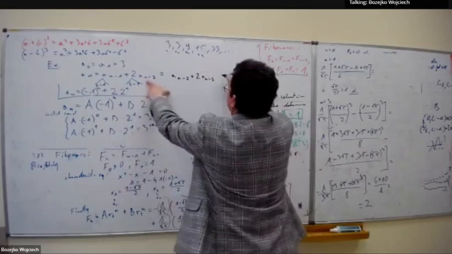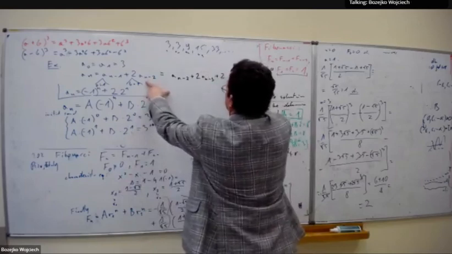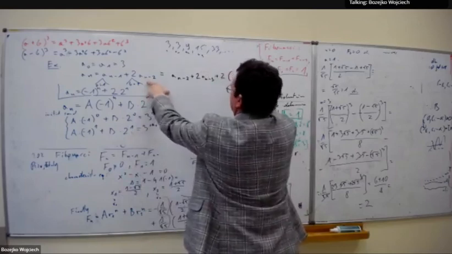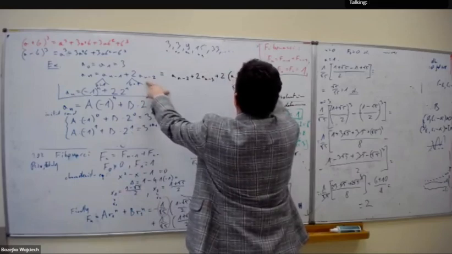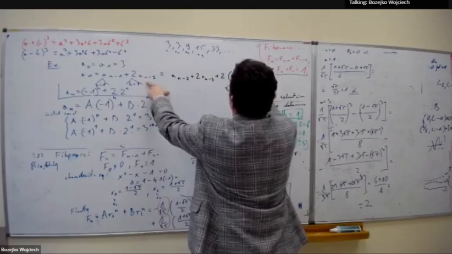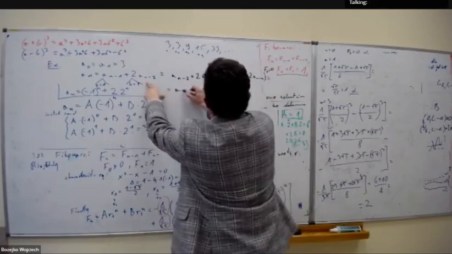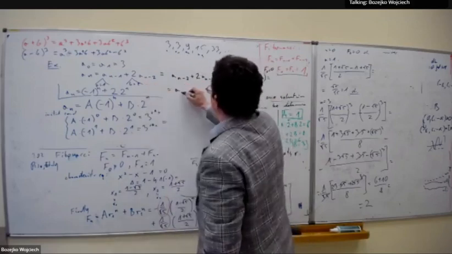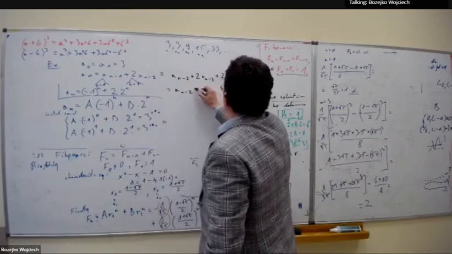And the same here, we have that this one is 2 times n minus 3, plus 2 times n minus 4, which is in fact n minus 2.